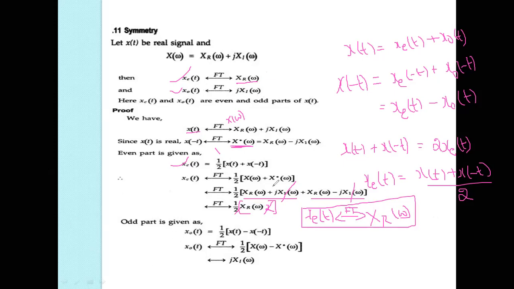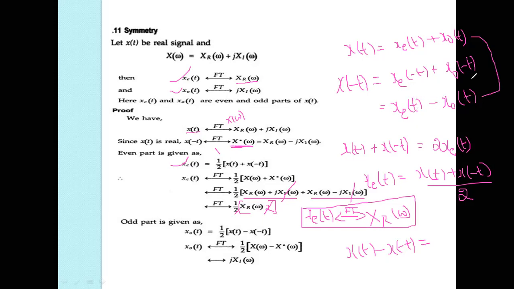How do we get the odd part? In these two equations, when you add, you get 2 xe of t. But when you subtract, x of t minus x of minus t, these two equations: xe of t plus xo of t minus xe of t plus xo of t.